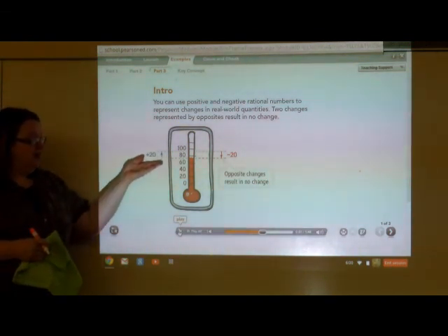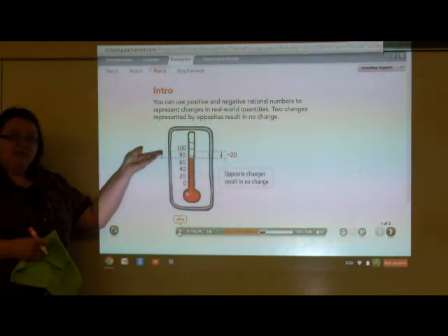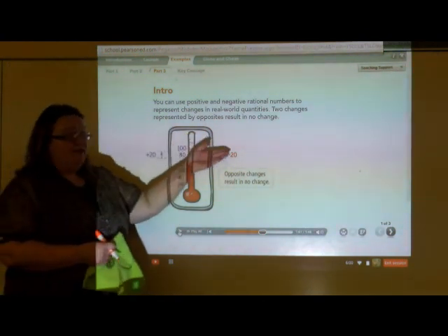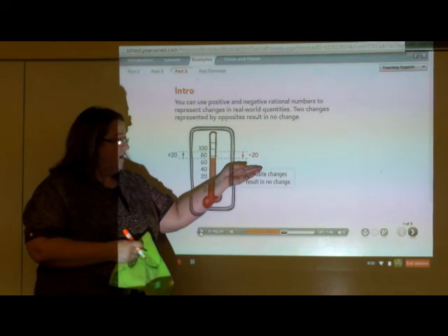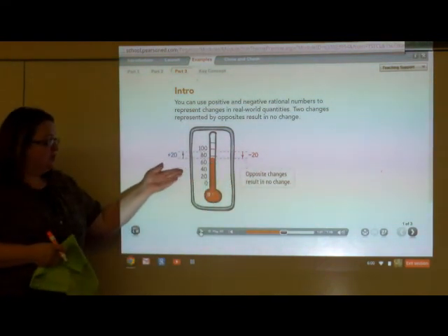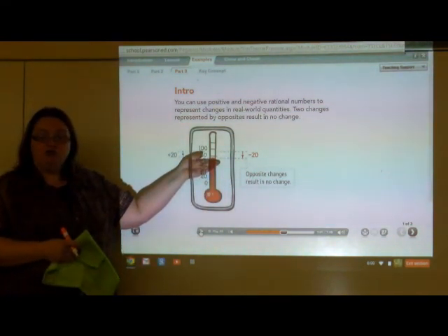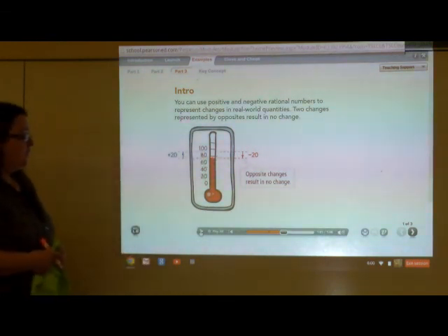As it was heating up, it increased 20 degrees. Then as it cooled off, as the sun went down, it decreased 20 degrees. This results in zero change. We're back to our original spot. Go ahead and play.